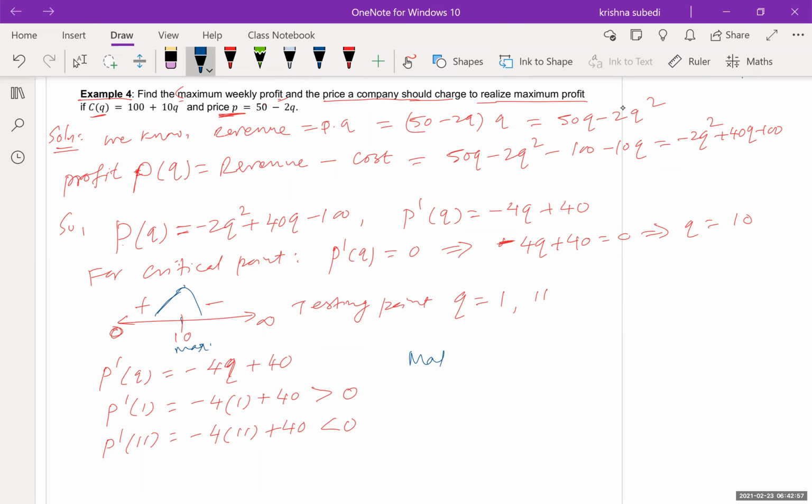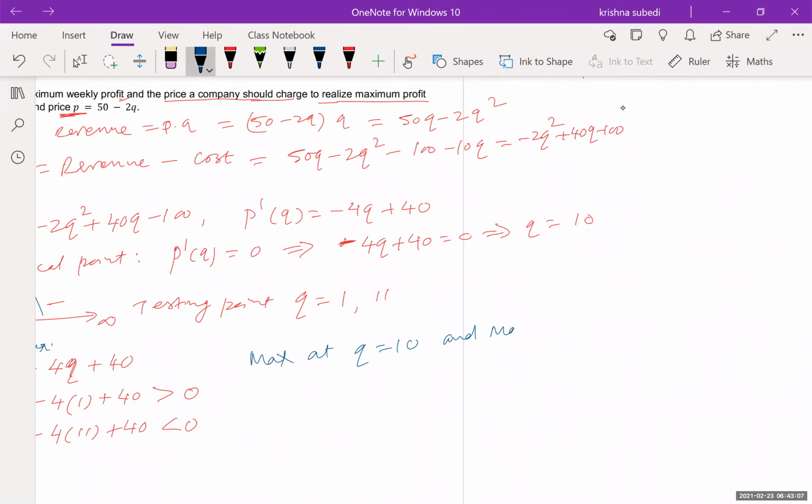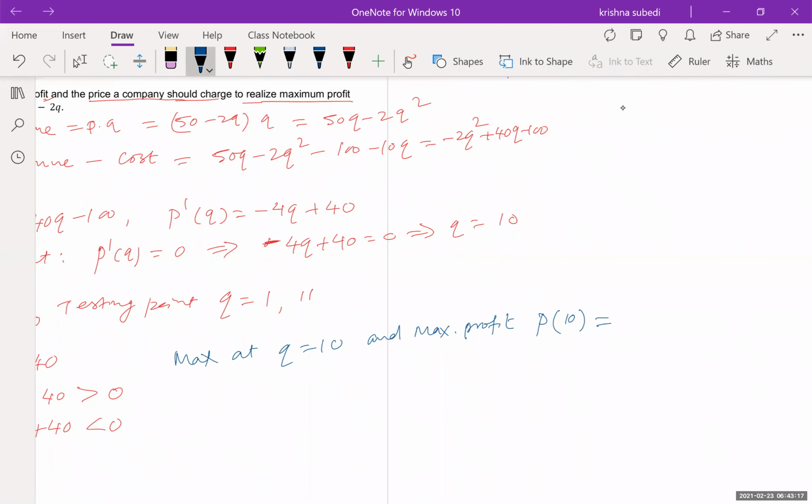So maximum at q equals 10, and the maximum profit, P of 10, you just plug this value into the original function. So the original function is negative 2 times 10 squared, plus 40 times 10, minus 100, that's going to give you $100.